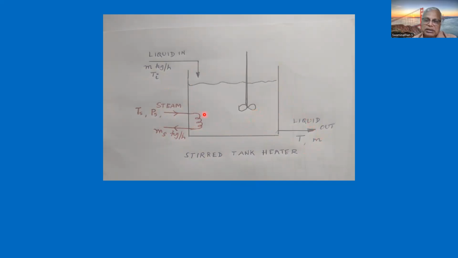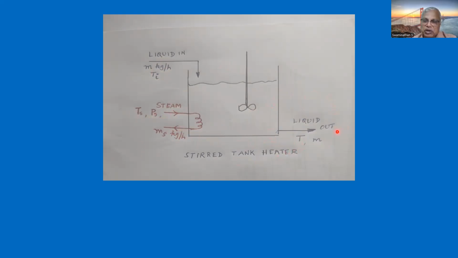So this can be designed. Having designed this, the process requirement will be met. That is, you can heat m kg per hour of liquid from temperature Ti to outlet temperature T using this steam of these quantities.